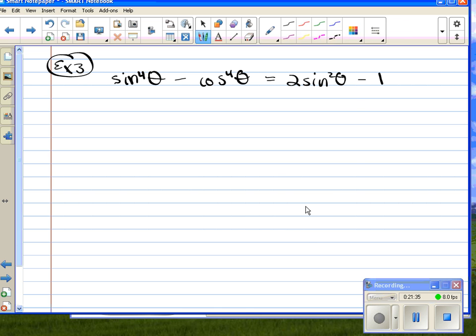Yeah, we still got the same rules in play. Now you notice, no angle is getting doubled. No angle is getting cut in half.